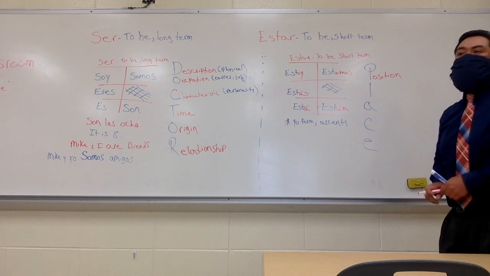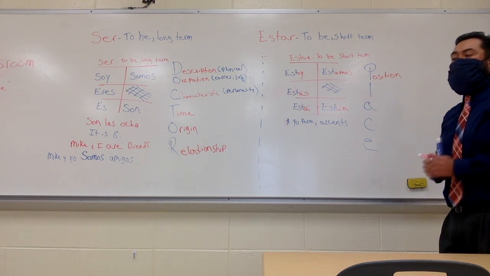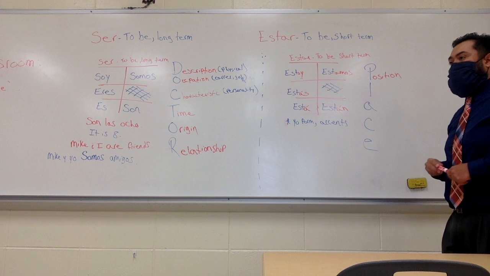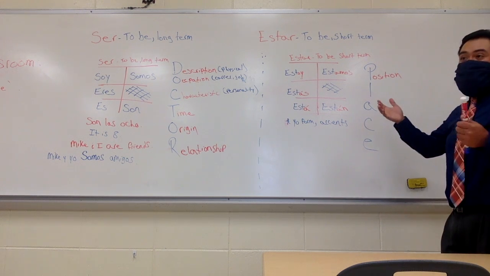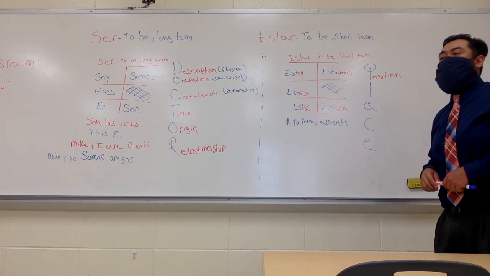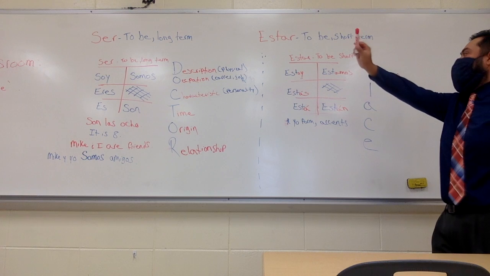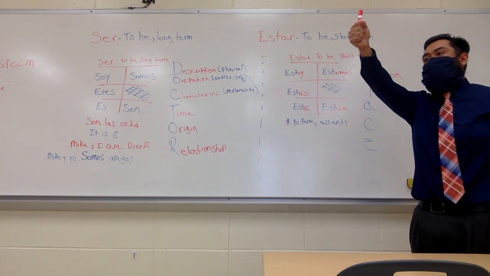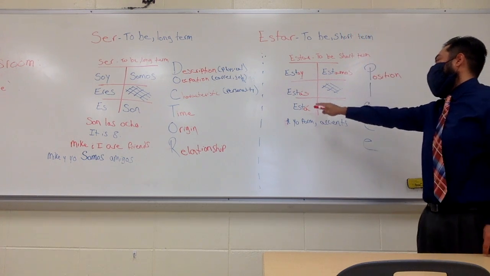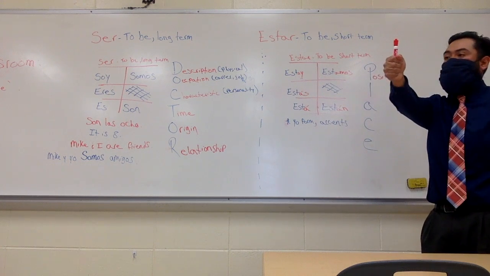What do I mean by position? A position means like a place someone is in. A place something is in. So, for example, the marker. To be in my hand. The marker is in my hand.